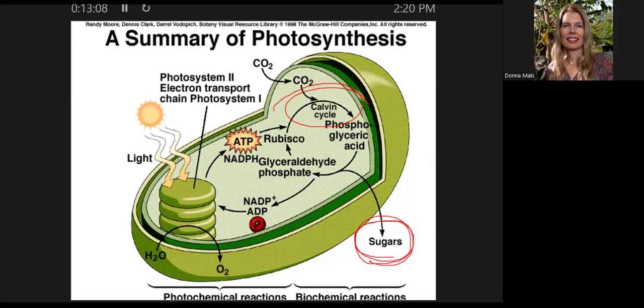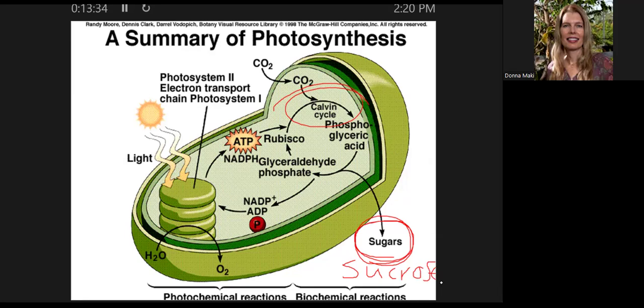That's why they're showing this swooping line out of the chloroplast, because one of the intermediates in the Calvin cycle can get shifted out into the cytoplasm of a plant and make sugars. This is sucrose that they're actually making. When you think about how plants are doing it, they make sucrose.